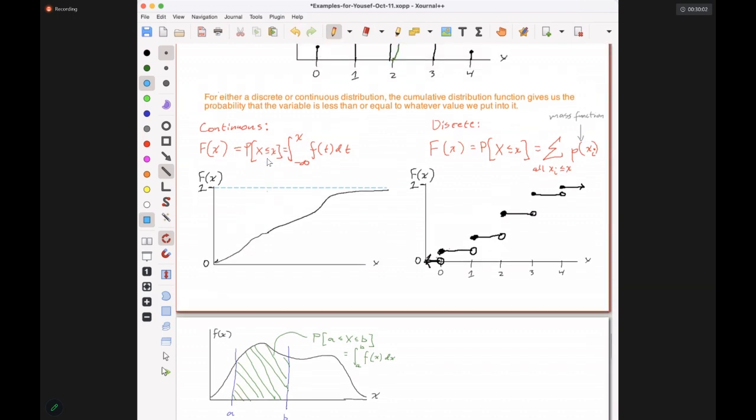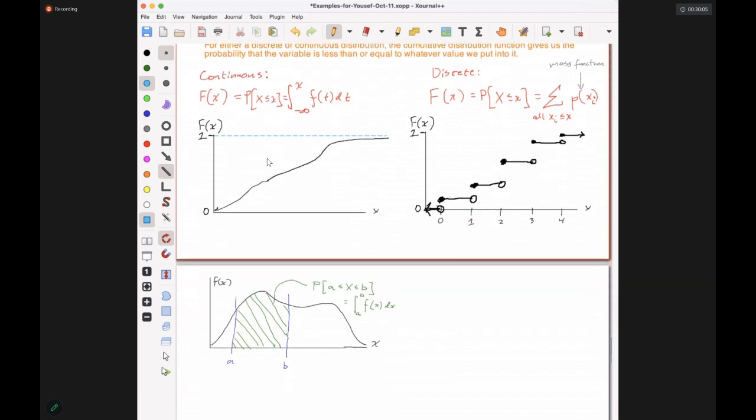But regardless, we can say that for either the continuous or the discrete case, every CDF is always non-decreasing. We see with this discrete case that it's flat for most of the time and then jumps up, but it never decreases. It's always either staying level or going up.